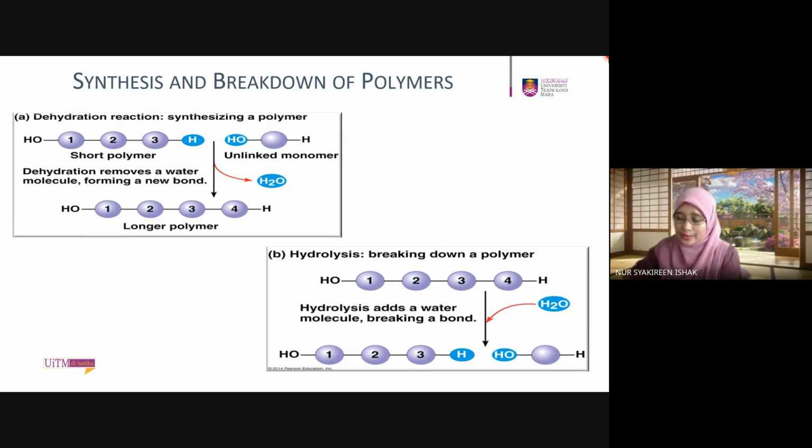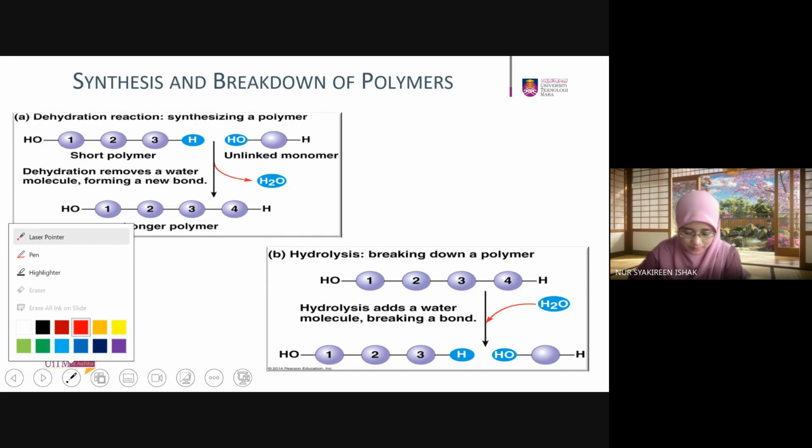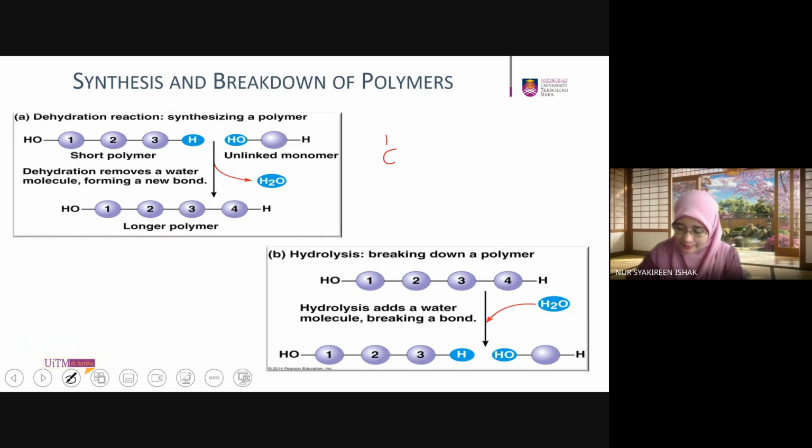Let me give an example here. We have, for example, an amino acid. I've drawn this before in the class. It has a hydrogen, a side chain, and an amino group, and at the end here it has the carboxyl group, OH.